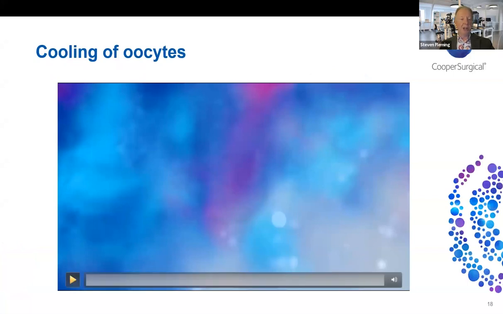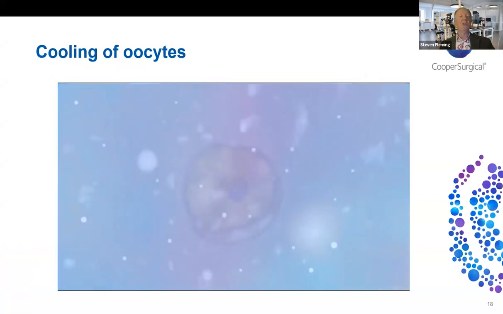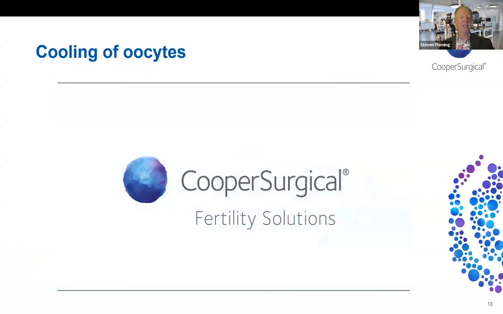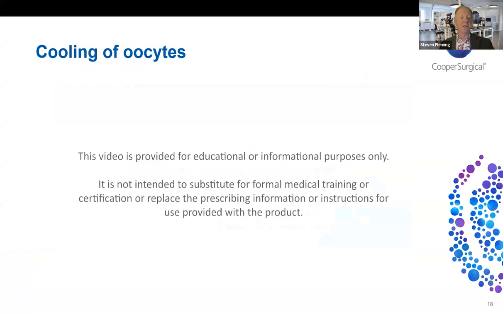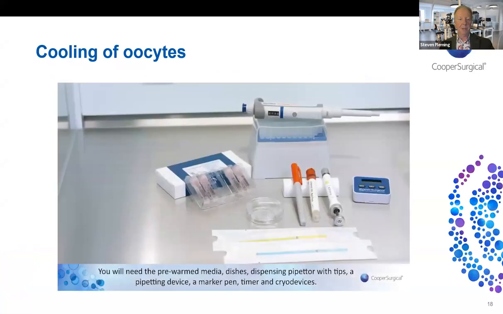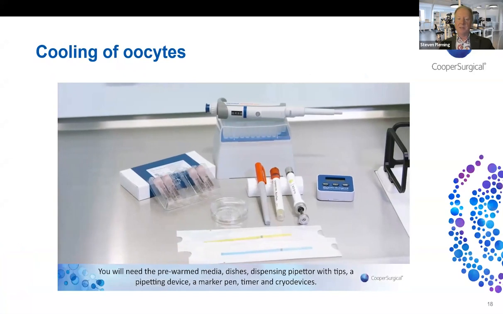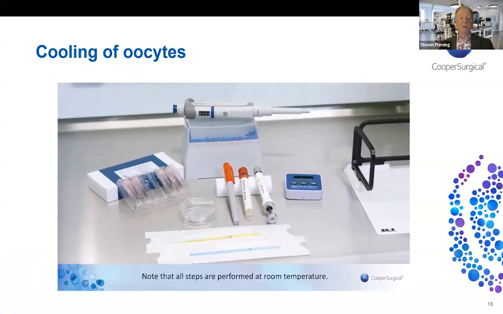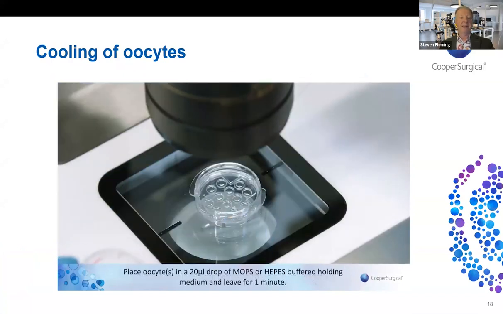Okay, so now I'm just going to show you a short video showing how to go about using that gentle procedure to cool oocytes using the Sage vitrification kit. As with any precisely timed process, it's really important that you get everything ready.